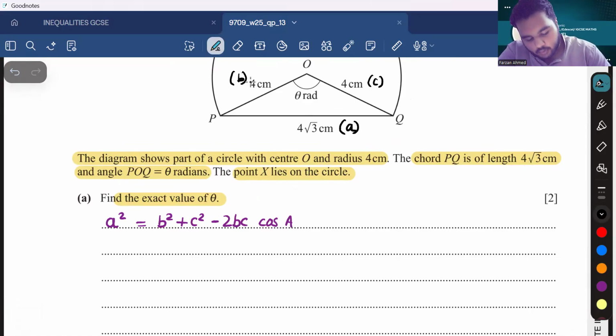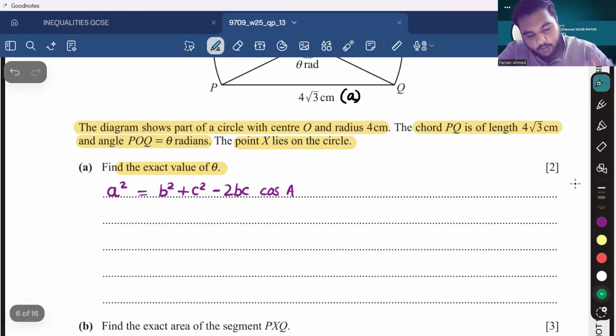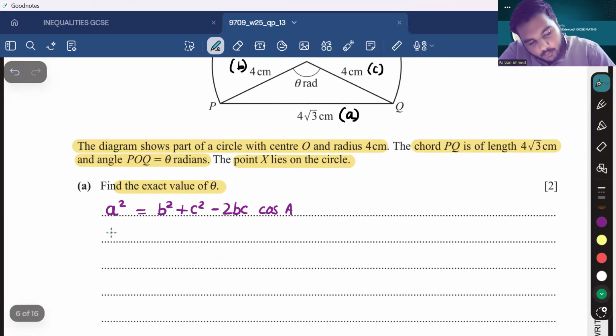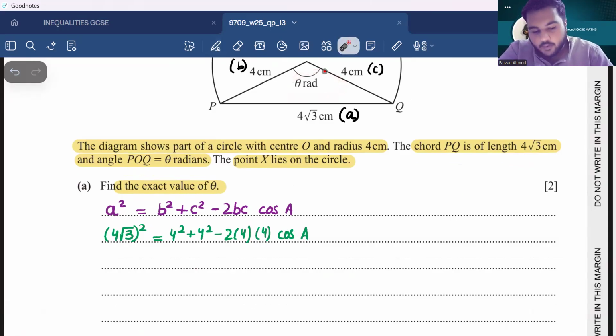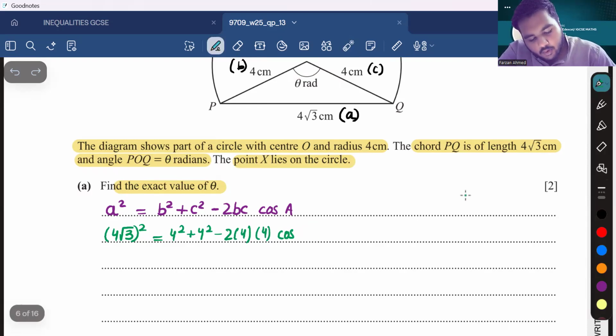Okay, so now when we solve it, small a is 4 root 3, so 4 root 3 whole square is equal to 4 square plus 4 square minus 2 into 4 into 4 and cos of A, which means we have cos of this. In the place of A, I can add cos theta.